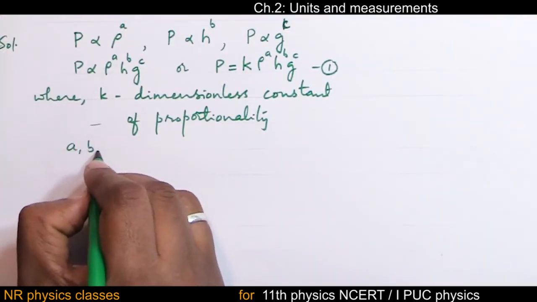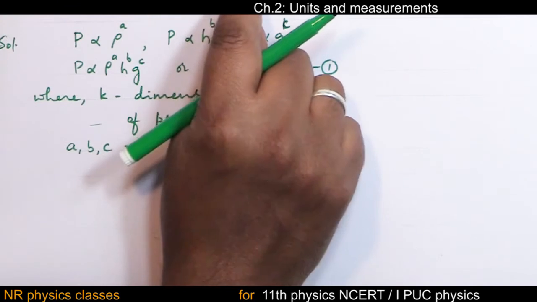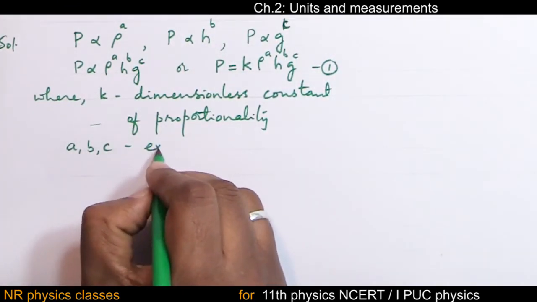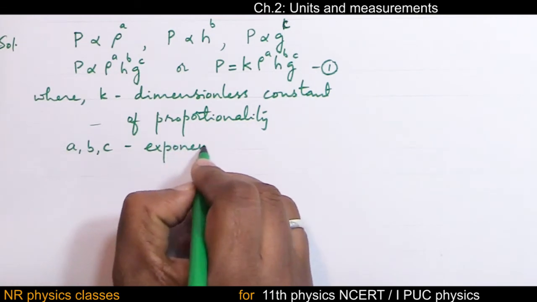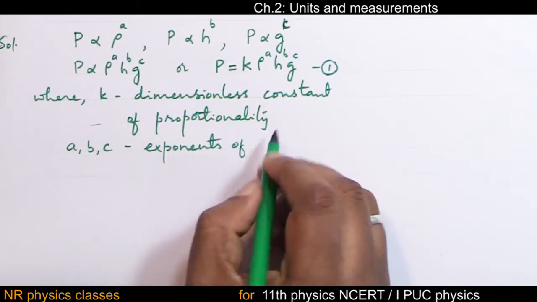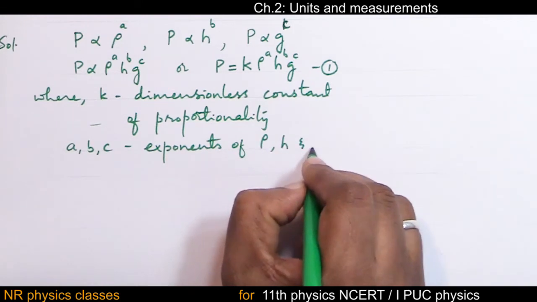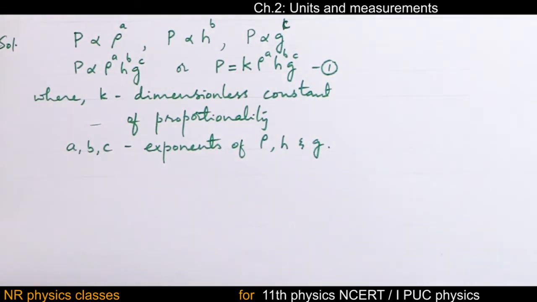A, B, C: there are three dependent terms, that is why A, B, C. A, B, C are exponents of rho, h and g respectively.